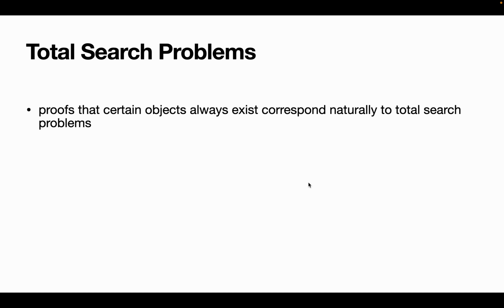So what are some examples of TFNP problems? Well, proofs that certain objects exist correspond naturally to total search problems. The pigeonhole principle tells us that in a compressing function, a collision exists. That means that we can define a computational problem which is total, which asks us to find that collision.